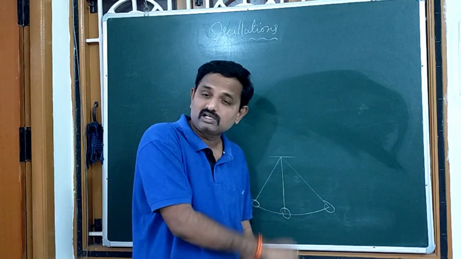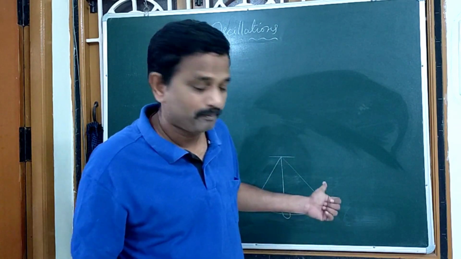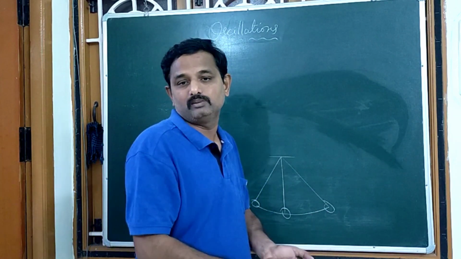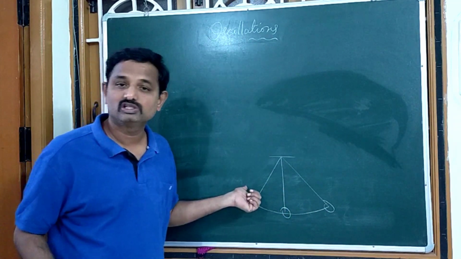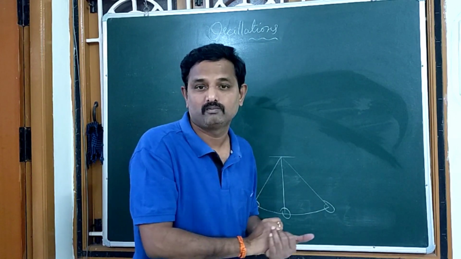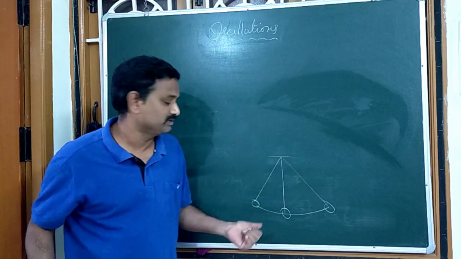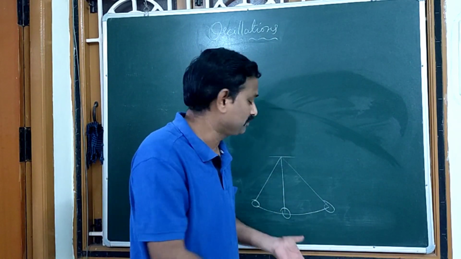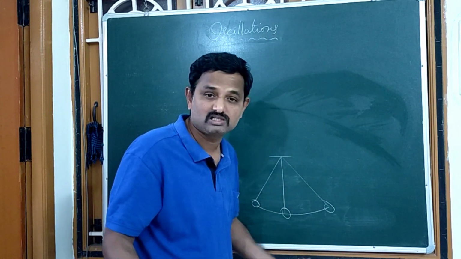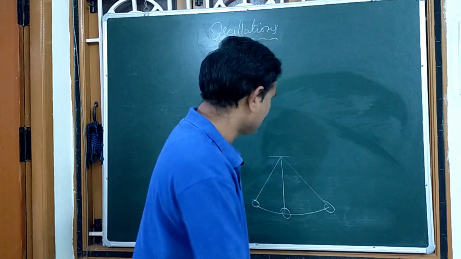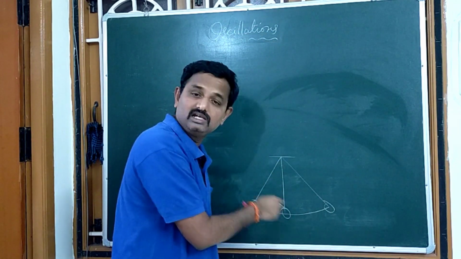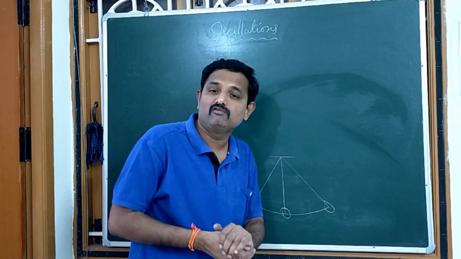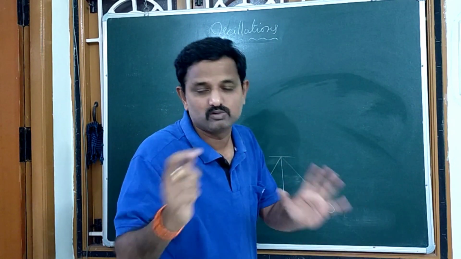So the motion of a pendulum is also an example of periodic motion, because it repeats its motion in equal intervals of time. So we can say every oscillatory motion is a periodic motion.